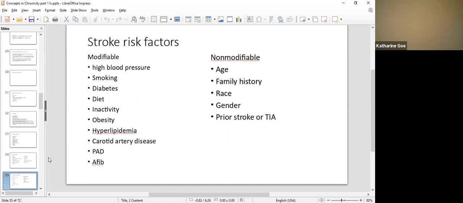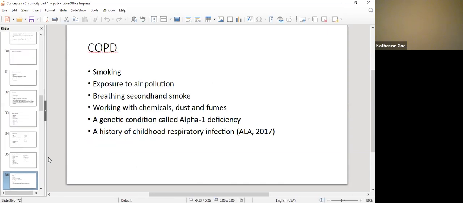Risk factors for stroke: the modifiable ones include hypertension, smoking, diabetes, diet, inactivity, obesity, hyperlipidemia, carotid artery disease, peripheral artery disease, and atrial fibrillation. Non-modifiable risks include age, family history, race, gender, and prior stroke or TIA, which is a huge risk factor.